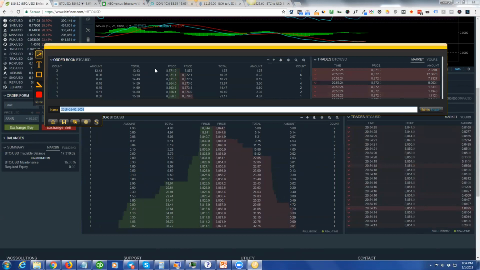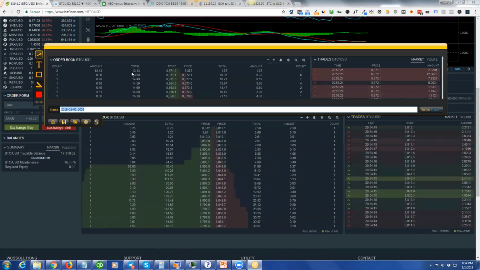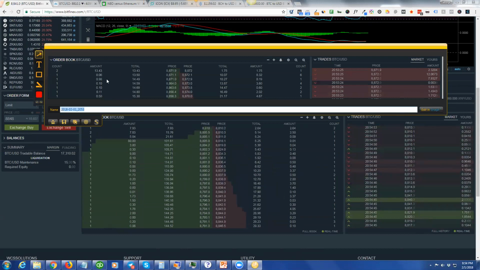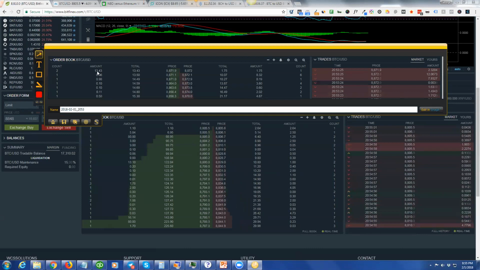To put it in a bigger perspective, let's say I had a stop sell for 100 Bitcoin. Of that 100, 13 I would get 8871, and 0.6 of that 100 I would get 8871, right? These people are just looking to buy, and I have 100 that I want to sell, and right now there's only 15 that are looking to buy.